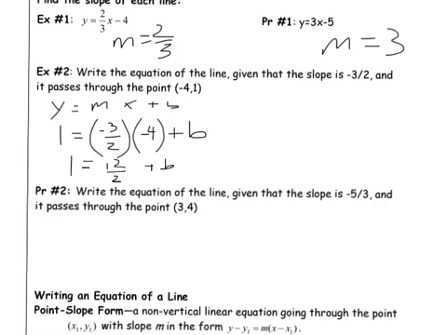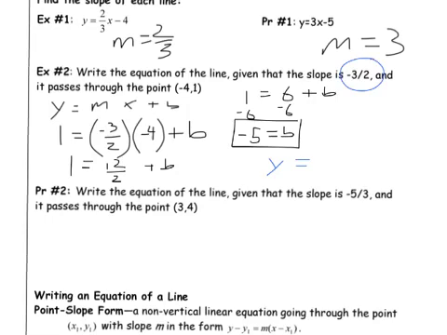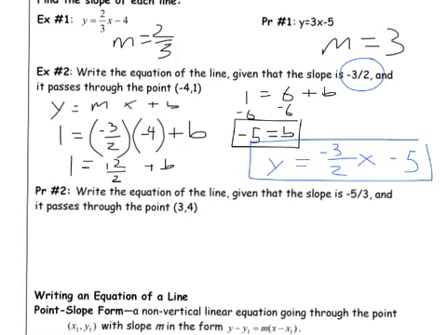And 12 over 2 is 6, so we get 1 equals 6 plus b. Subtract 6 from both sides, and we get -5 is equal to b. Now I can rewrite this whole equation as y equals, remember my slope is -3/2, x minus 5. And there we have it. I've got the equation of the line that has a slope of -3/2 and goes through this point.